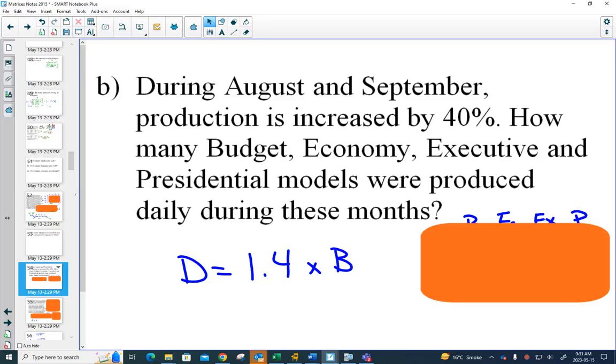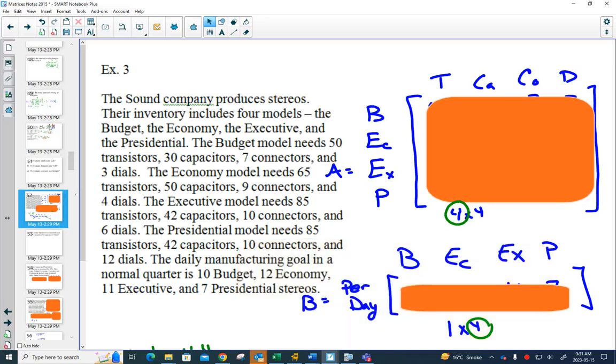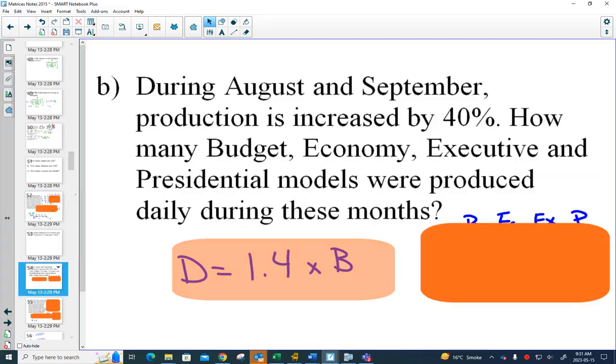We want to use matrix B here, because B tells us how many of each thing per day we had, and a 40% increase tells us we're going to have to multiply that by 1.4. So anytime you're increasing something by a percentage, you can multiply that by 1 plus that increase. Same thing if you're decreasing something by 10%, you would multiply by 1 minus 10% or 0.9.